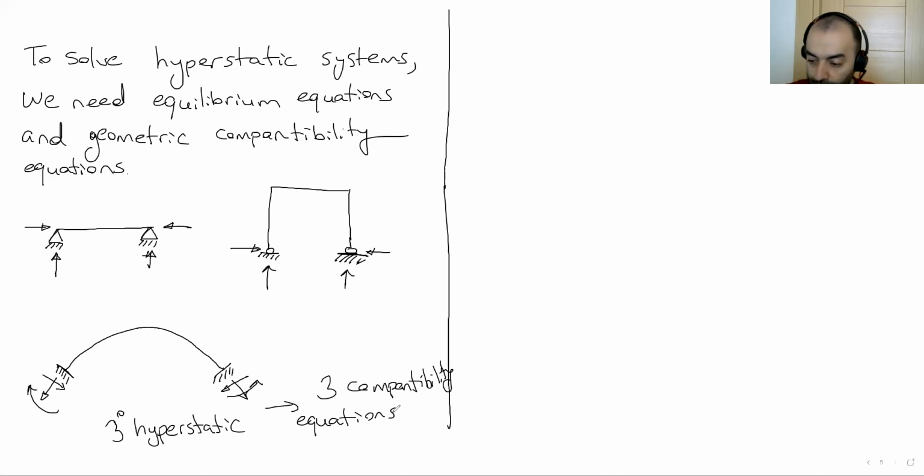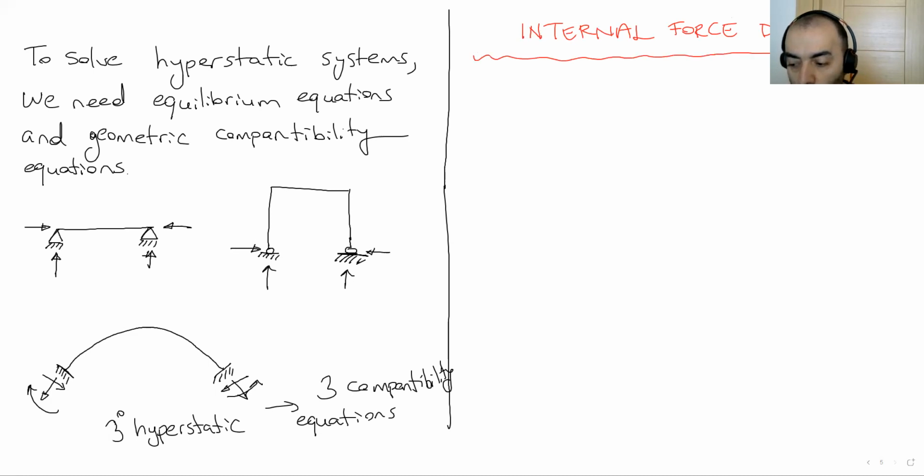Internal force diagrams. Okay, what is this internal force diagram?